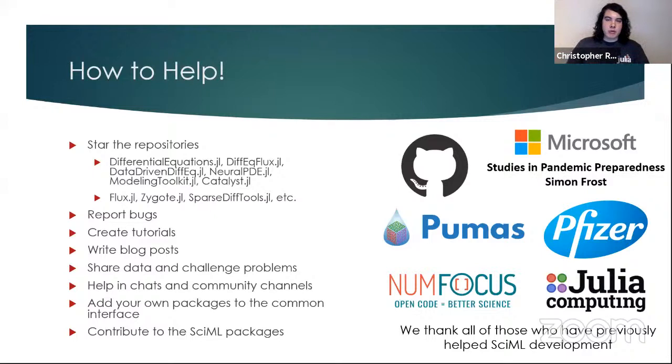Those bugs include error reports, and also those bugs include performance reports, right? Don't feel shy to say, here's a code that I ran, and it's not running as fast as I would expect because it's X speed over here and it's Y speed in SciML, right? It's when we see those issues over thousands and thousands of these issues that we've been building up more and more performance, right?